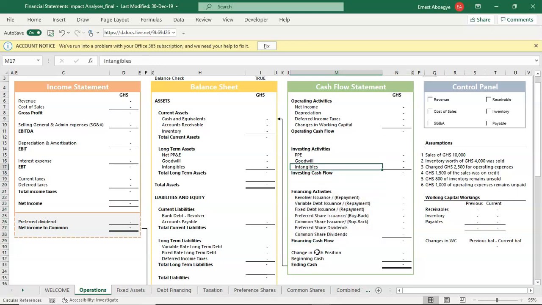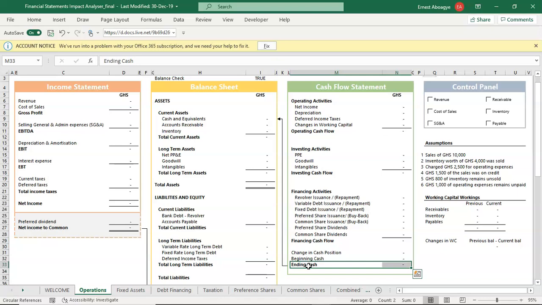And the balance of it becomes our change in cash position, we add it to the cash we already have beginning the period, and then we'll get the cash we have generated at the end of the period. So this brings us to the end of the cash flow statement section.